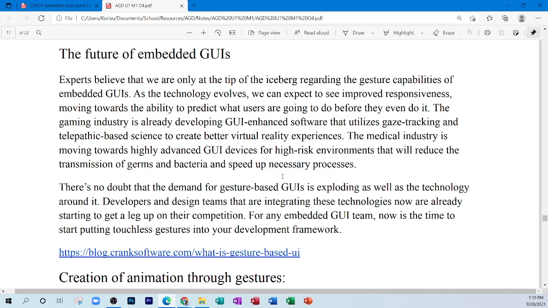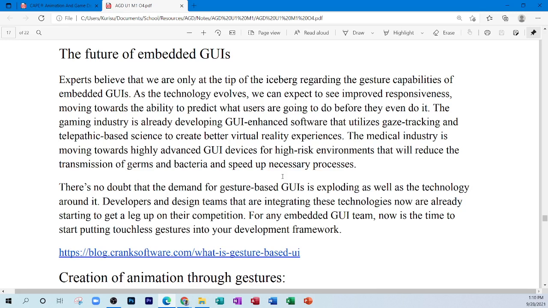There is no doubt that the demand for gesture based GUIs is exploding, as well as the technology around it. Developers and design teams that are integrating these technologies now are already starting to get a leg up on their competition. For any embedded GUI team, now is the time to start putting touchless gestures into your development framework.